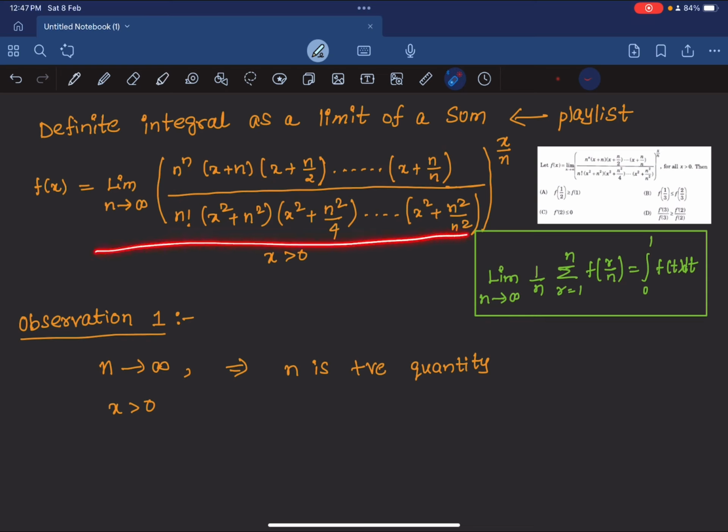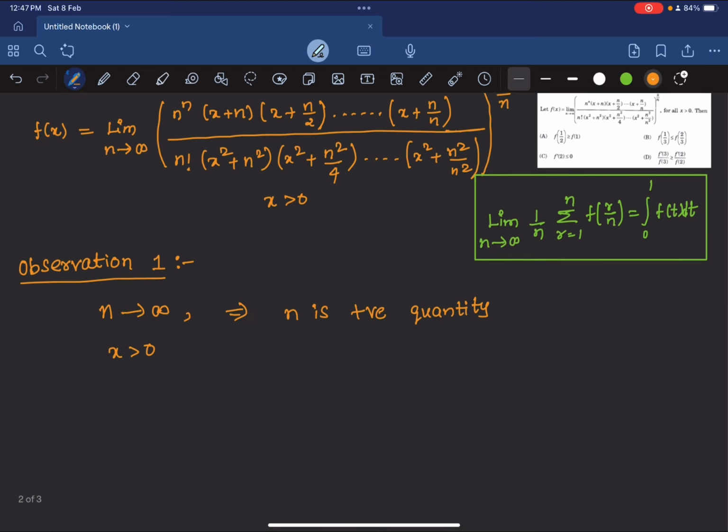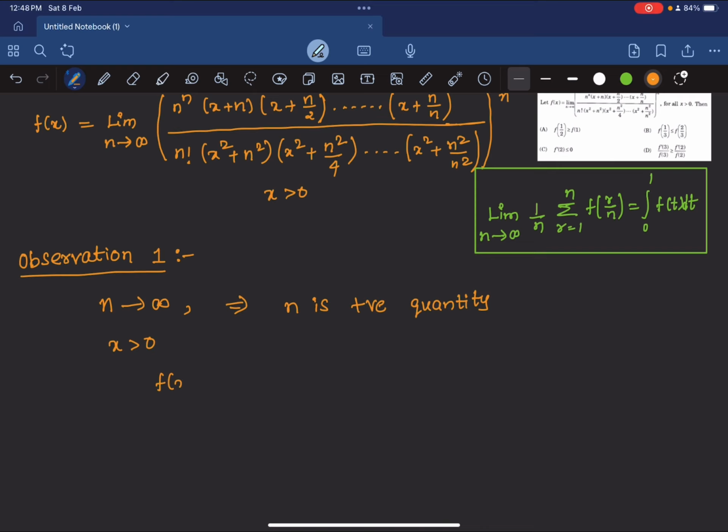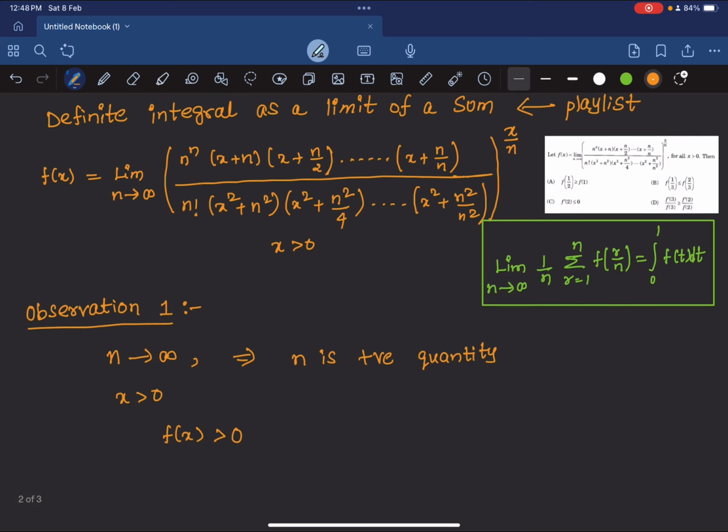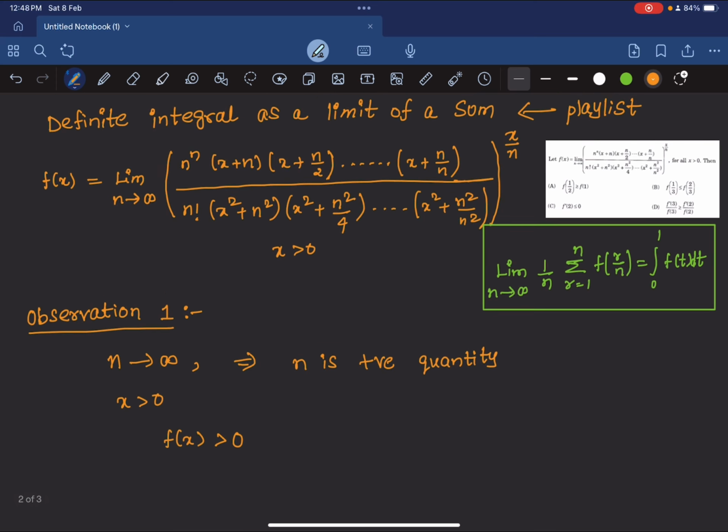So this whole limit will tend to a positive quantity. Therefore, we can conclude that f of x is positive. This is the first observation that we can make just by looking at the limit that is given to us.